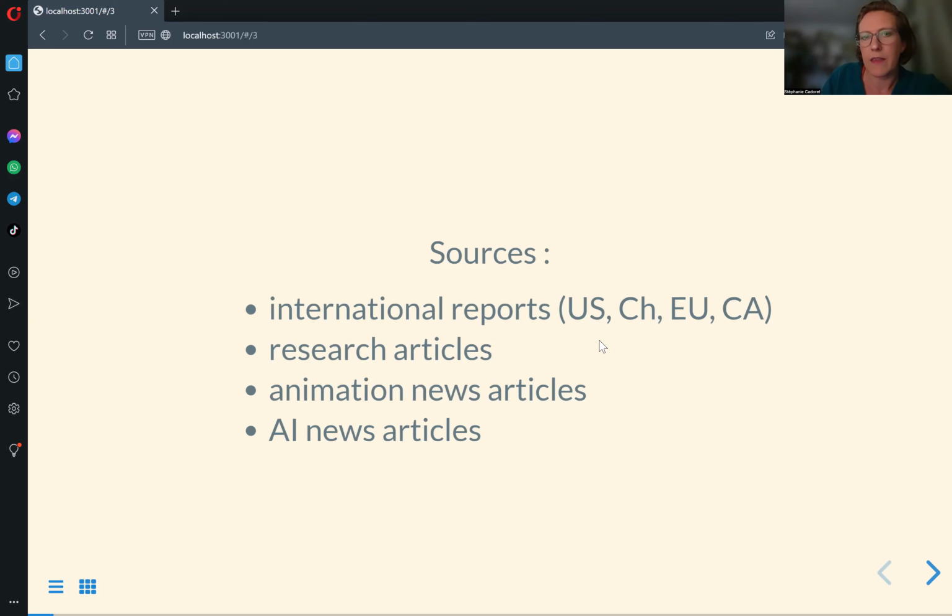But I think they are still interesting because they give a good view of the aspirations of the sector. And I also focused on the news of the profession and the news about AI. I have not been able to test all the AI applications that I came across, so far I will just observe their promises, and I hope to be able to investigate with my students and maybe also on personal projects.